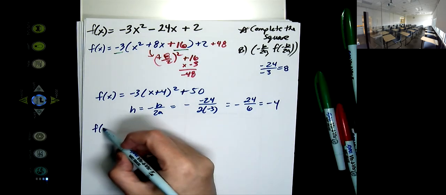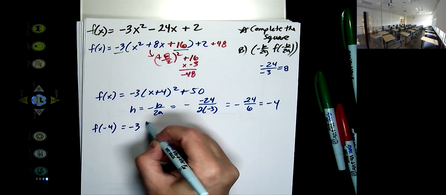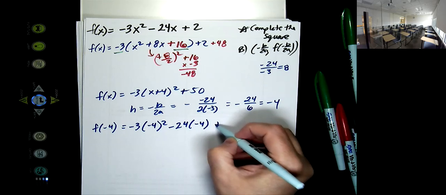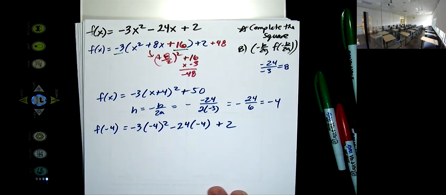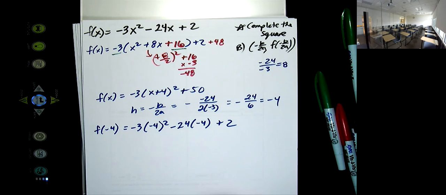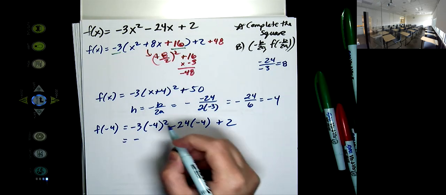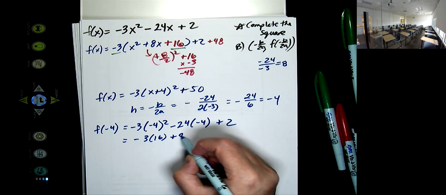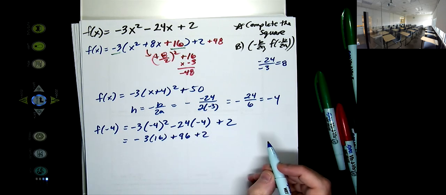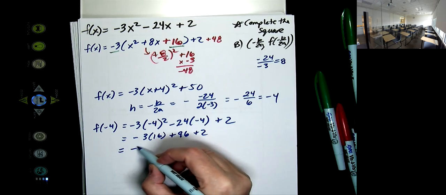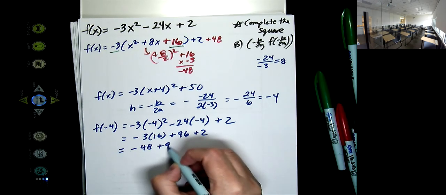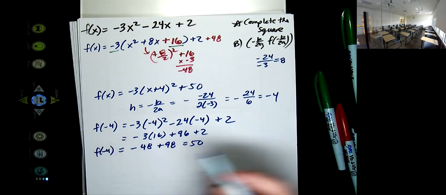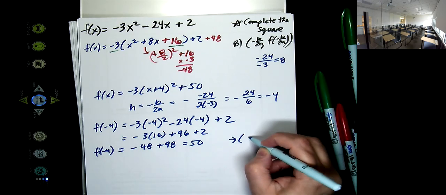So if I do f of -4 up there, -3 times 16. This is plus 96 plus 2. So I've got -48 plus 98 equals 50. So that tells us h, k is -4 and 50.